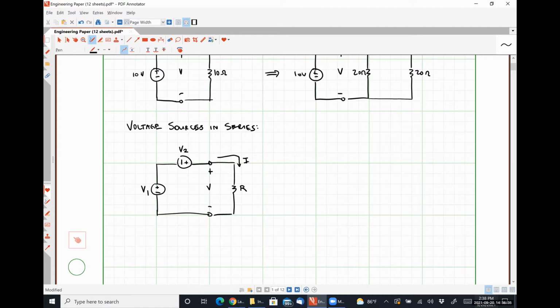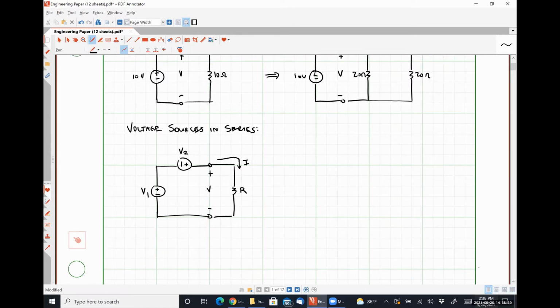So if we applied Kirchhoff's voltage law around this loop, we would have negative V1 minus V2 plus V, the voltage drop over our resistor, is equal to 0, which means V, the voltage seen by our resistor, is simply V1 plus V2.